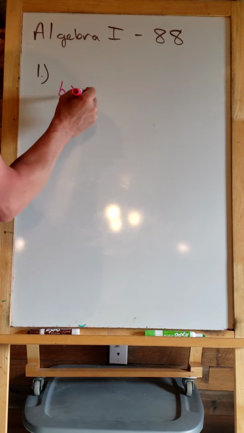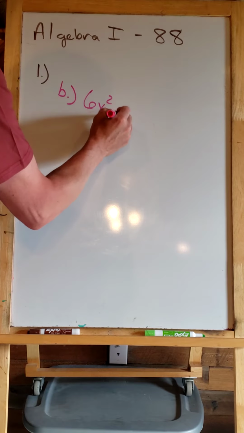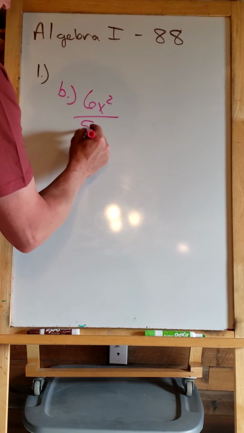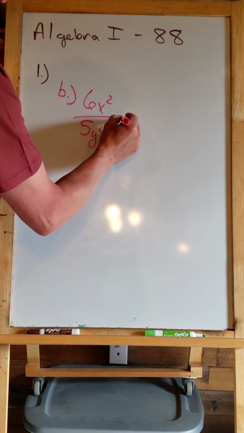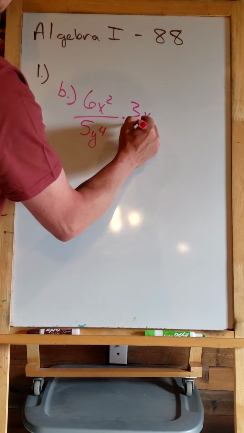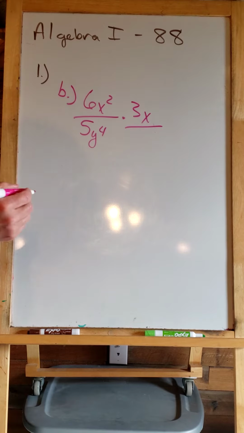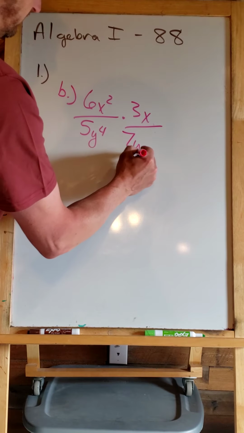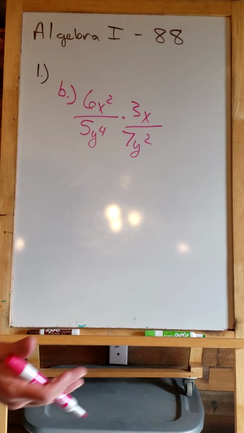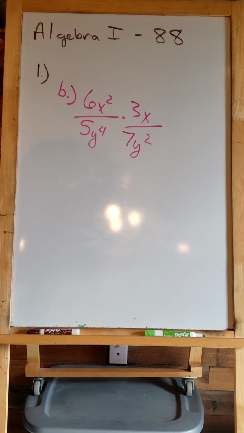B, we have 6x squared over 5y to the 4th times 3x over 7y squared. Now, if you look at this, you'll notice we can't cancel anything.